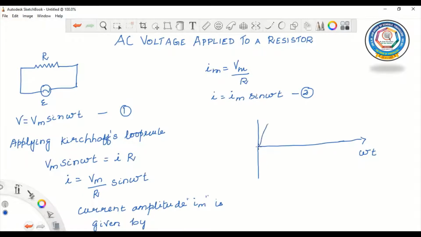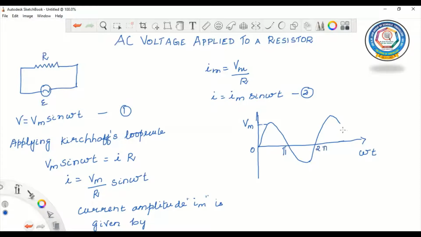So this is the voltage. Okay, so voltage is this, and this is Vm. Okay, and let me write 0, pi, 2 pi.